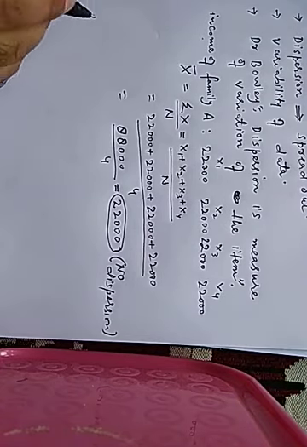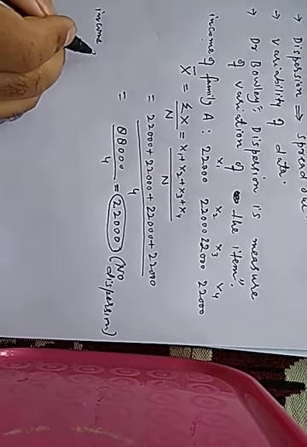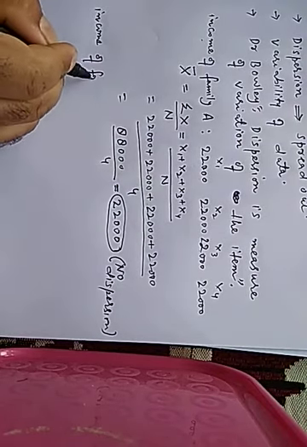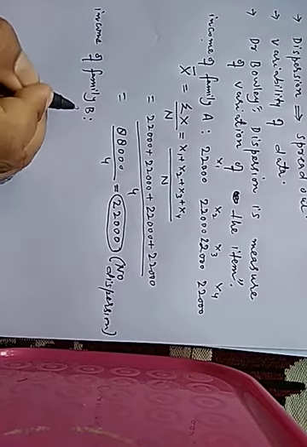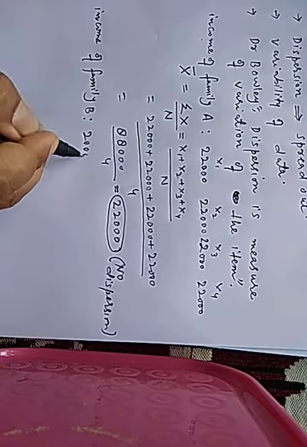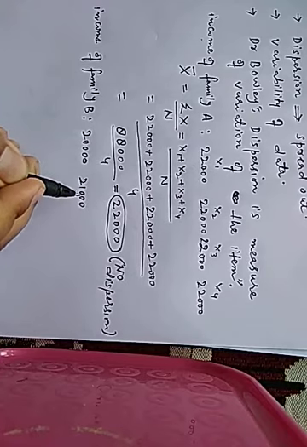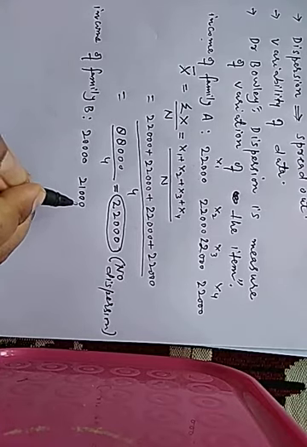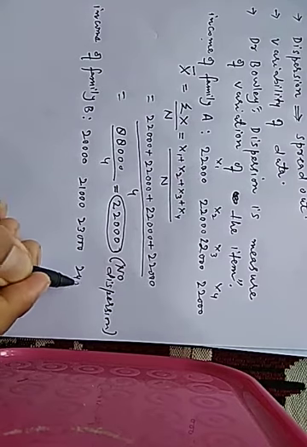Now we can take income of family B, which is given as 20,000, 21,000, 23,000 and 24,000.